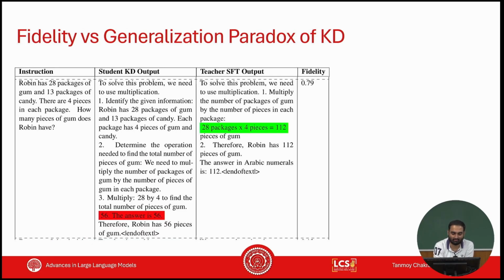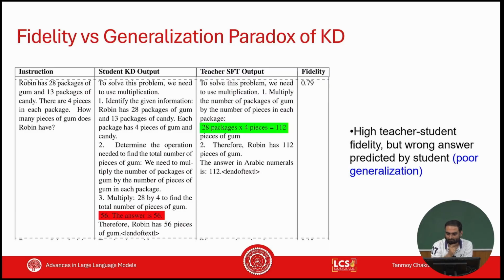For example, if you look here, how do you measure the steps? We did a simple approach. We just looked at the representation, the embedding of the reasoning traces, and measured the similarity. So here you see, if you look at these steps, the steps are the same, but the outputs are different.